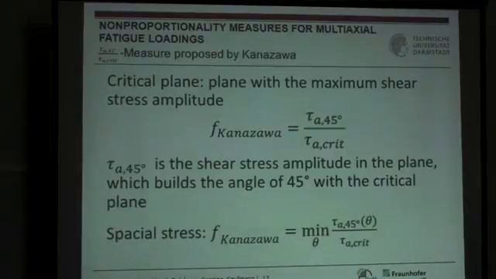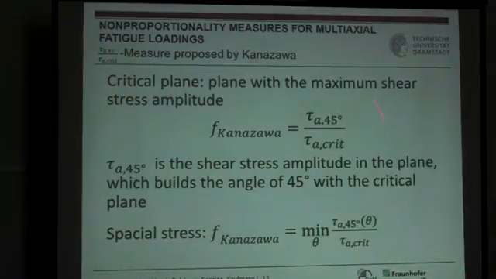Now we can come to the measures which are critical plane based. The critical plane is defined as the plane with the maximum shear stress amplitude in this case. And the factor of Heinz-Hammersala says, we divide the shear stress amplitude in the plane which has an inclination of 45 degrees to the critical one, by the shear stress amplitude in the critical plane. And the value lies between 0 and 1.